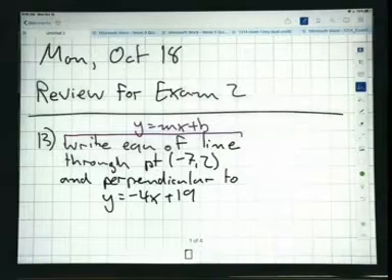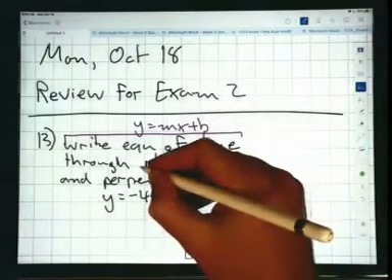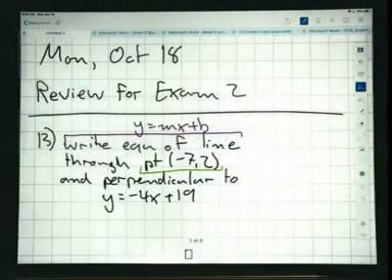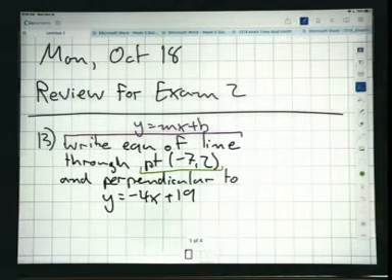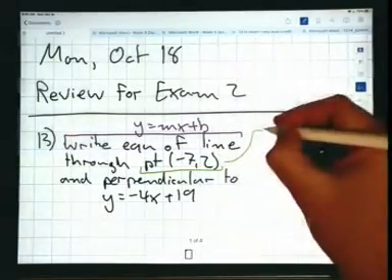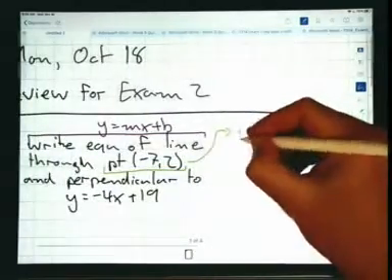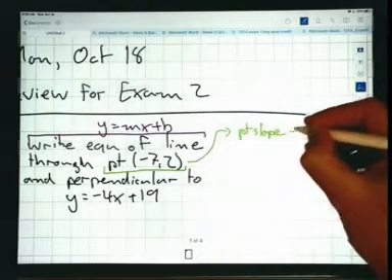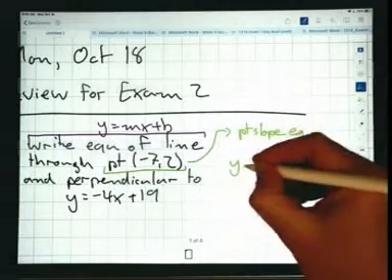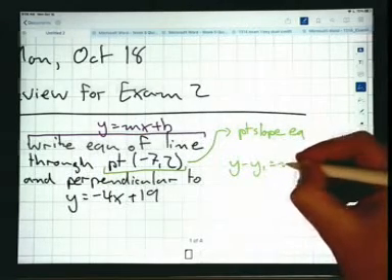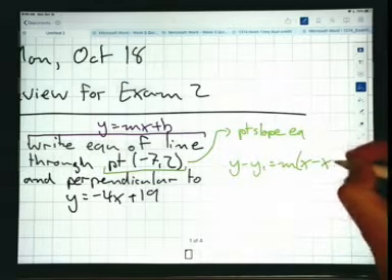Now, I'm given a point that this line goes through. So typically, anytime that I'm told to find the equation of a line given a point, I'm going to use my point-slope equation, which is y minus y1 is equal to m times x minus x1.